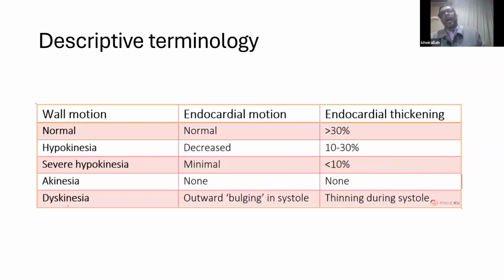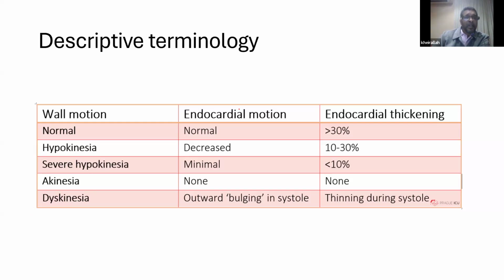Okay. Another important terminology you should familiarize yourself with is when you are describing regional wall motion abnormality or the contractility. There is a normal contractility, there is hypokinesis, akinesis, dyskinesis, and aneurysmal dilatation. Sometimes we add it, okay?